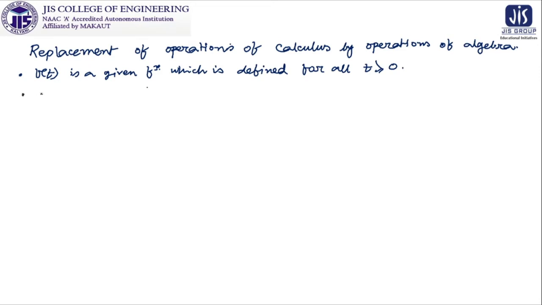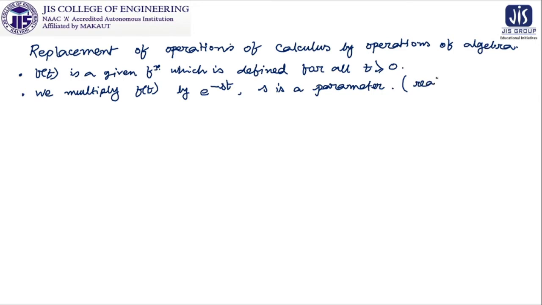Then what we do is multiply f(t), that means the given function, by e to the power minus st. Everyone please follow the steps sequentially, where s is a parameter. We can take this parameter as real or complex both.